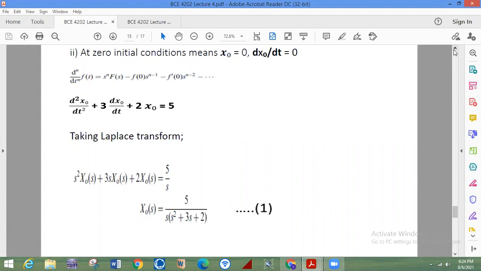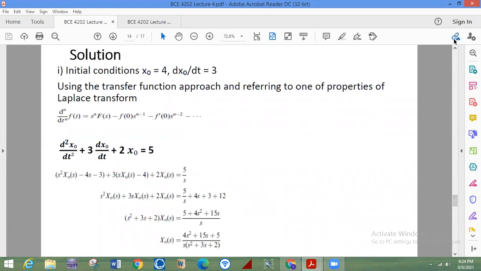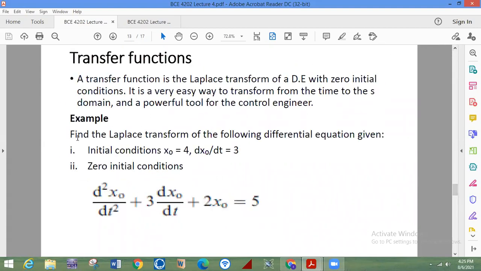The question can come in a similar manner: find the Laplace transform of the following differential equations. The digits can change, but it's the same approach. This is really simple, not so?